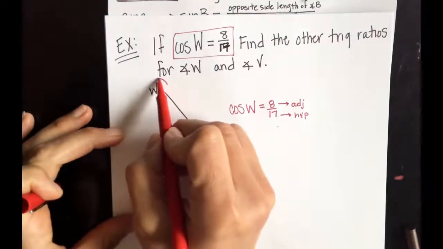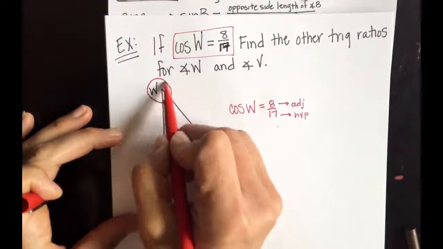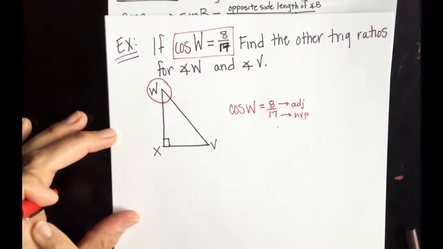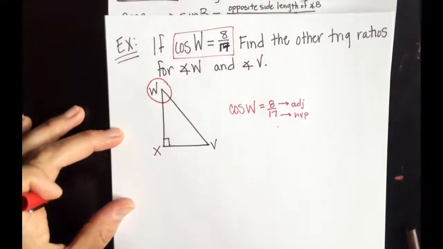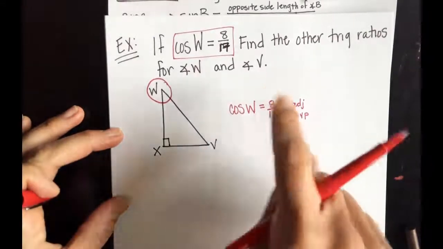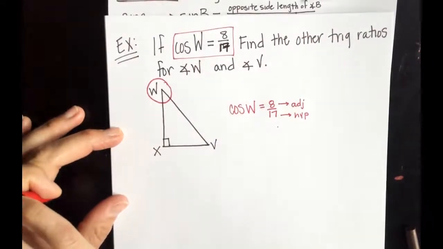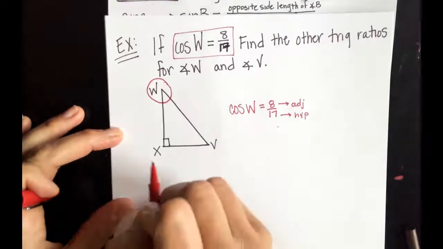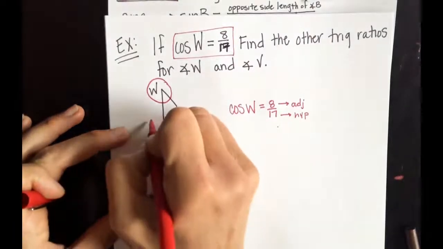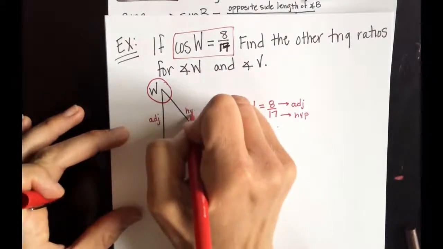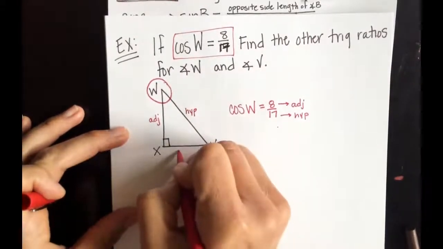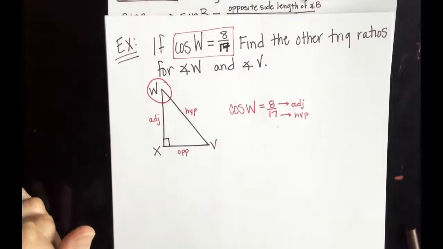So if I'm up here at angle W, I know, and it doesn't matter what the picture looks like, I just have to put these in the right spot. I know that this side is my adjacent side. This side is my hypotenuse, which makes this guy opposite.